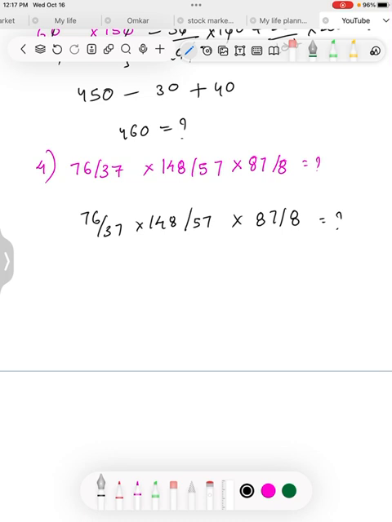You can check it out clearly if there is any chance. So you can just cancel like this: 2 sevens, 2 fours, 2 fours, 2 threes, it's 2, 2 threes, sevens.